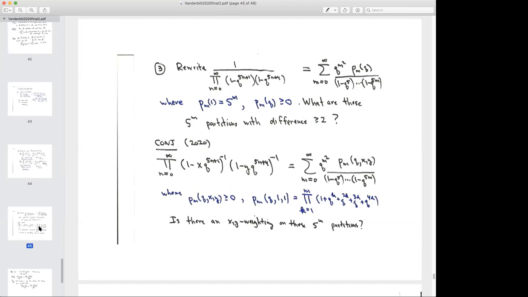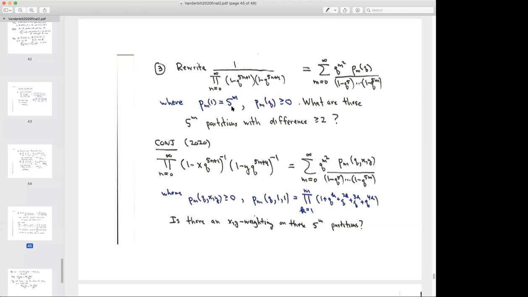Now here's a third speculation. Let's take the 1 or 4 mod 5, and instead of doing Rogers-Ramanujan with 1 minus q up to 1 minus q to the m, let's put 1 minus q to the 5 up to 1 minus q to the 5m. Because after all, parts on this product side change by 5s, so make the 5s over here. How does it change? Well, we get a new polynomial, which is just this quotient: 1 minus q to the 5 up to 1 minus q to the 5m over 1 minus q up to 1 minus q to the m.